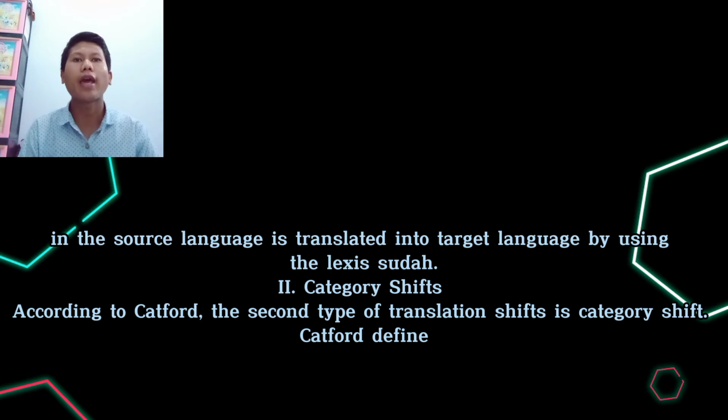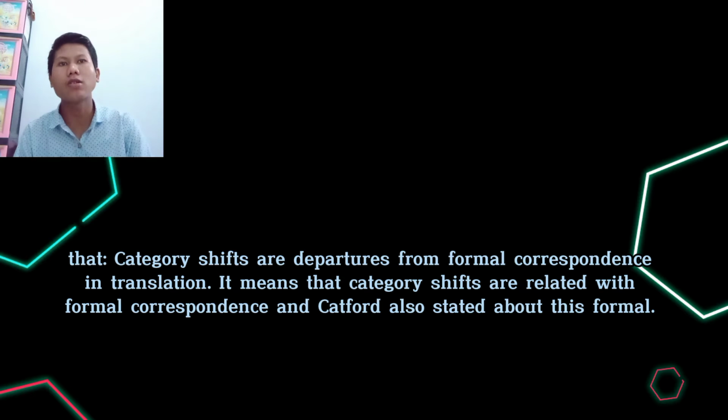The second is category shift. According to Catford, the second type of translation shift is category shift. Catford defines category shifts as departures from formal correspondence. In translation, it means that category shifts are related to formal correspondence.